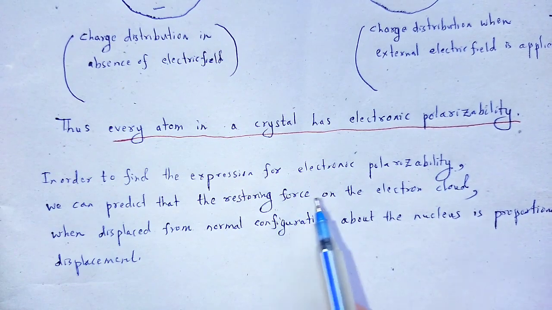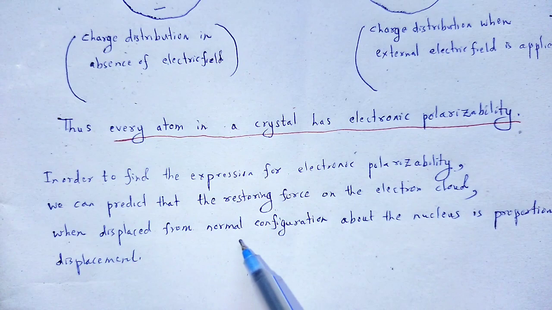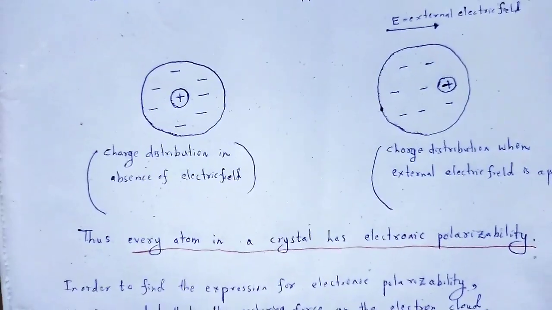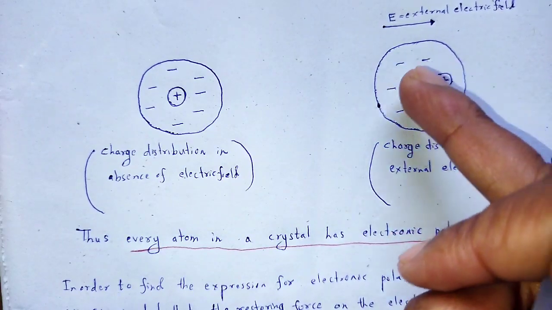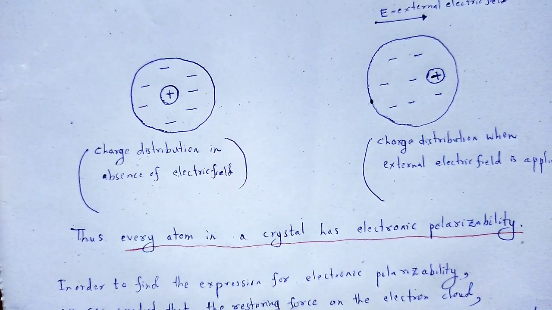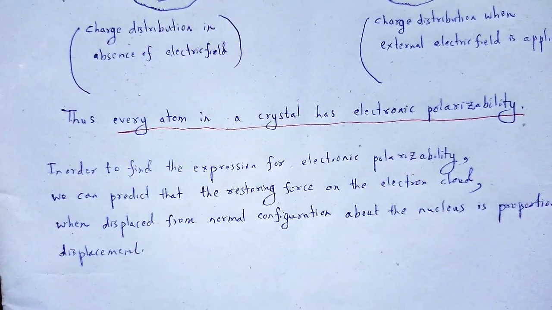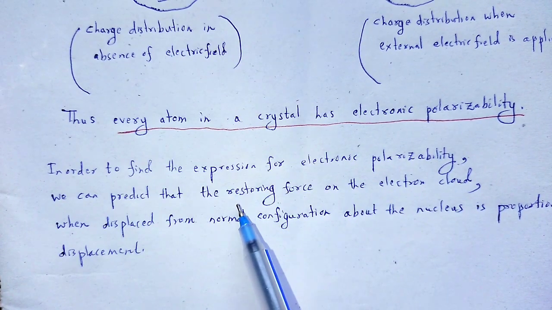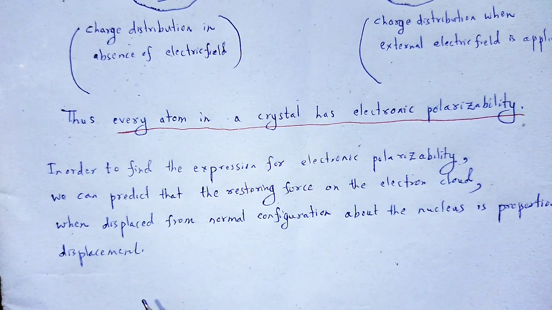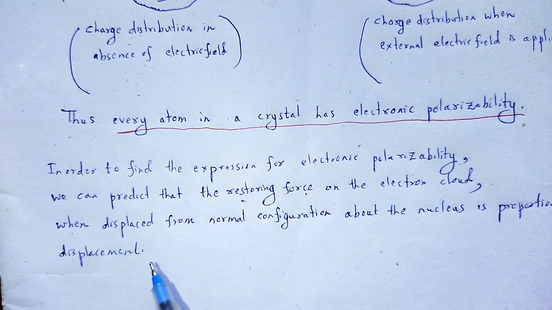So, the restoring force on the electron cloud, when the electrons are displaced from the normal configuration about the nucleus, is proportional to the displacement.